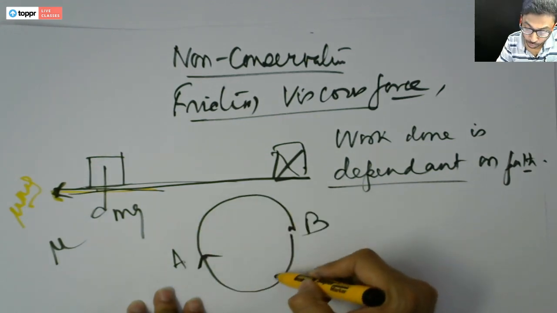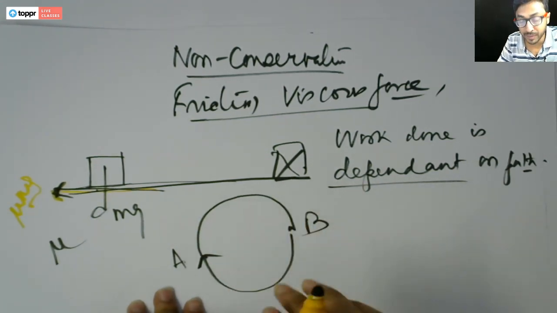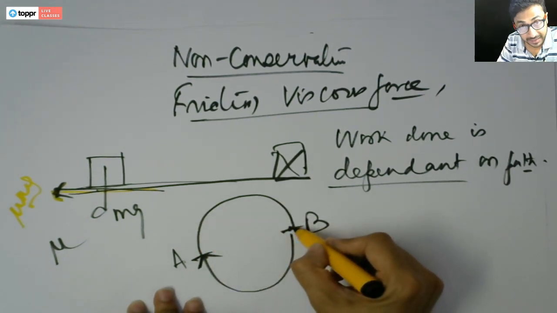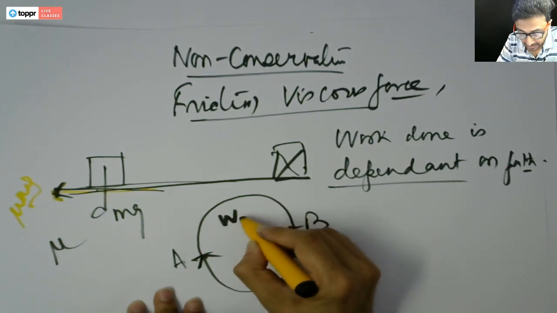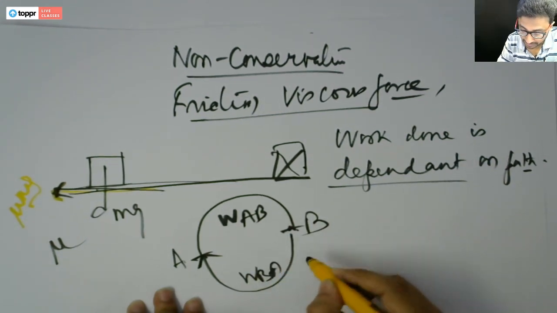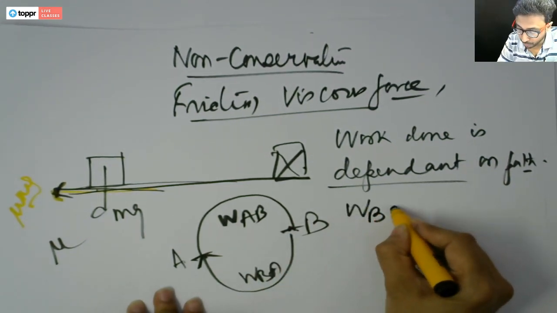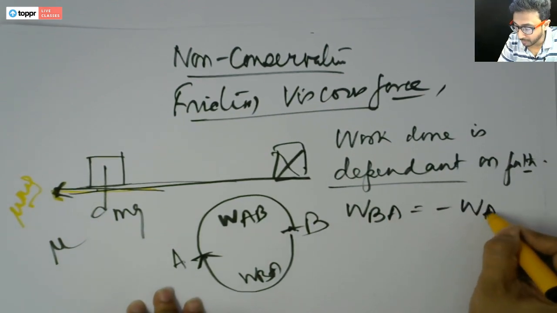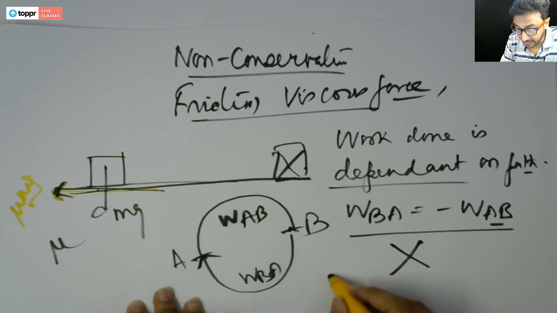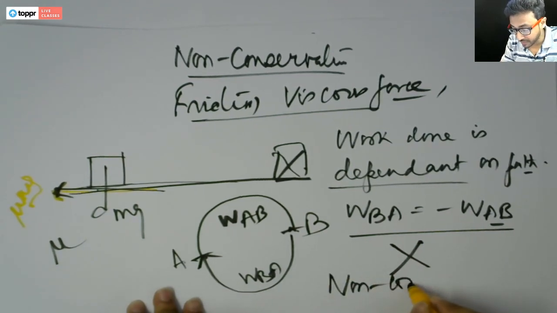That is, for a closed loop, the work done will be 0 for a conservative force, because it is not dependent on the path. So if I say WAB and this is WBA, definitely WBA will be negative of WAB, which we cannot say in the case of non-conservative force.